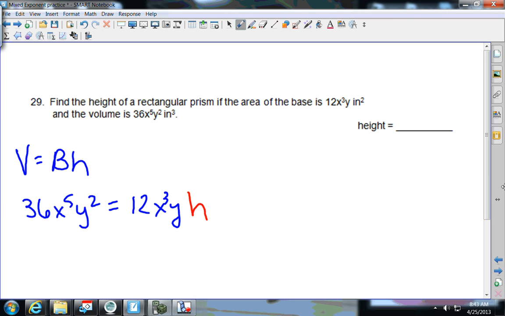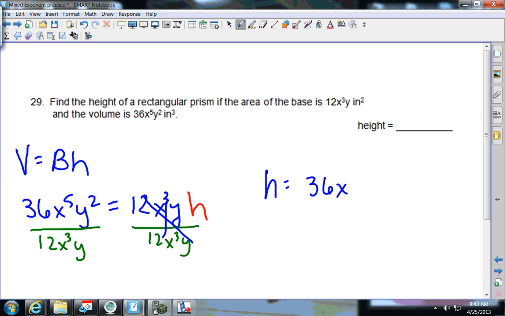So if we set it up like this, the whole idea is that to find the height, we have to divide by 12 x to the third y. So what we're doing, cross these out. So to find my height, I'm going to divide 36 x to the fifth y squared by 12 x to the third y.